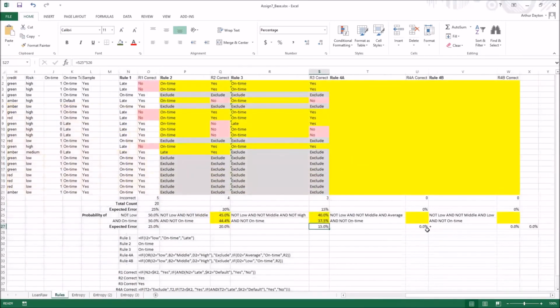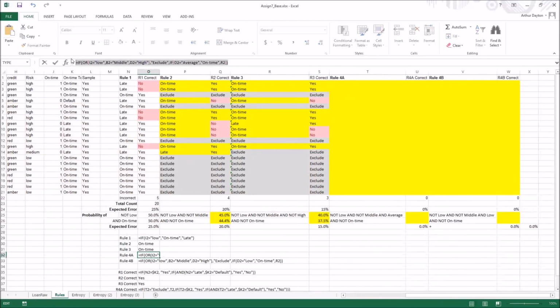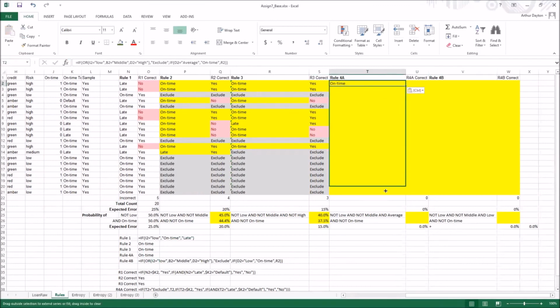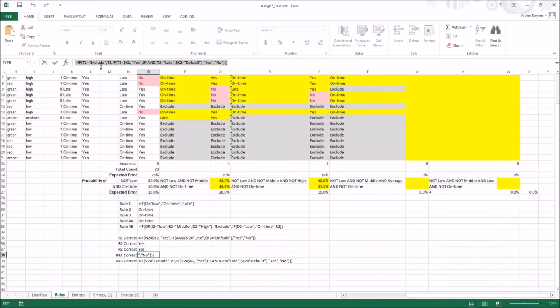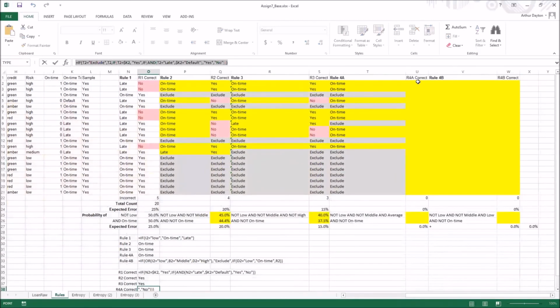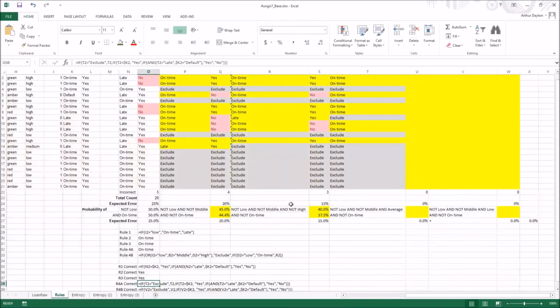If we come back and apply that rule and drag that down through, we have a formula for determining how correct we were.